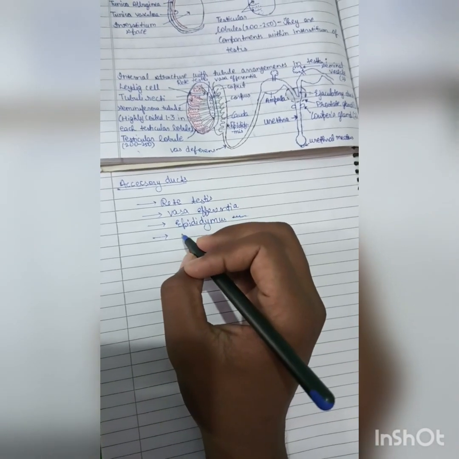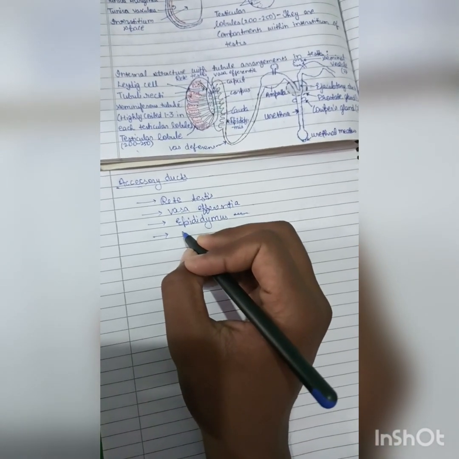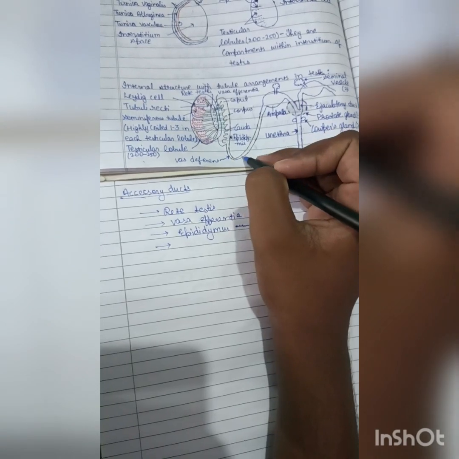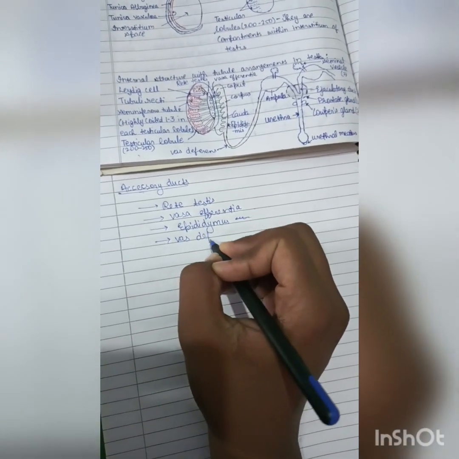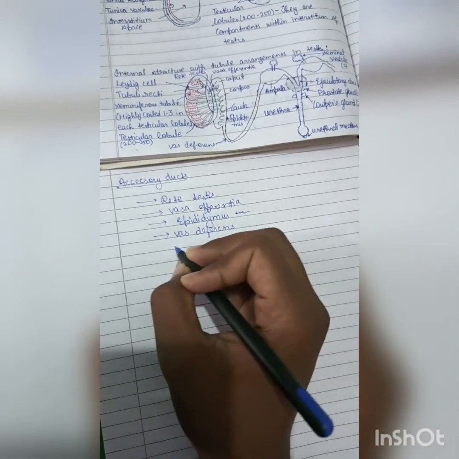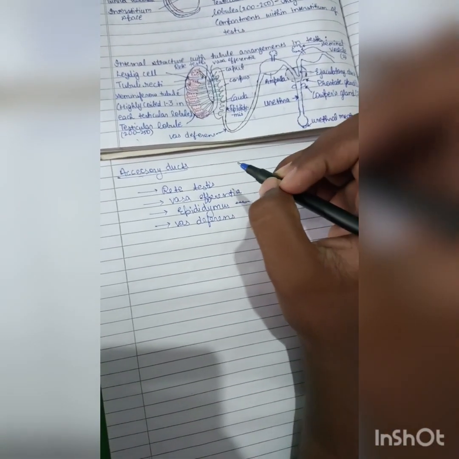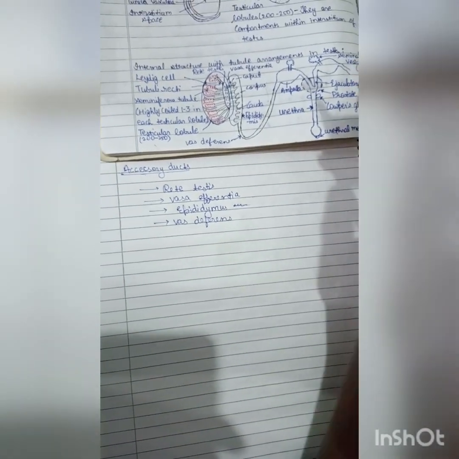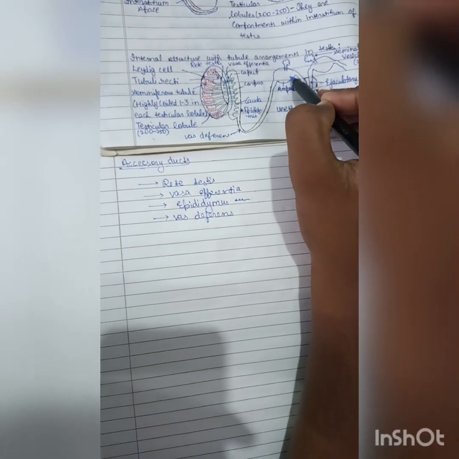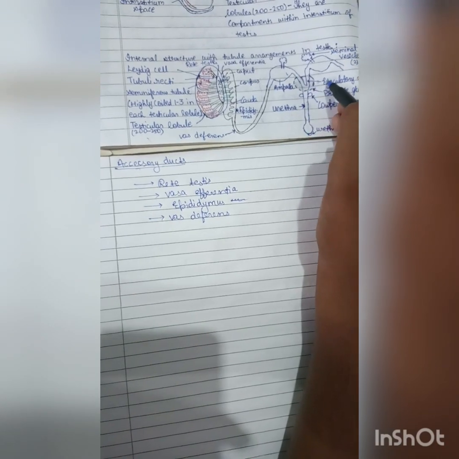We do not have to go into that detail too. After epididymis, we have the vas deferens. Following that, we have the ampulla, and the last one is the ejaculatory duct.